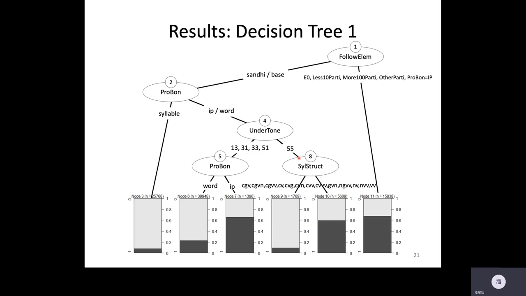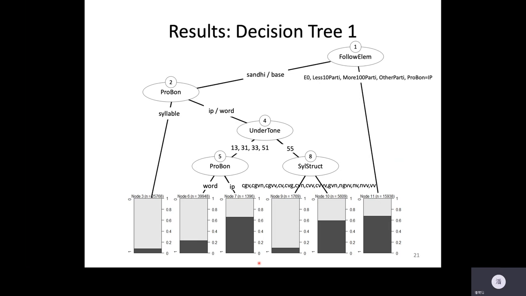And for this branch for tone 5/5 with vowel-only structure, there's a high percentage of Sandhi tones, predominantly the pronoun for he and she, in IP, intermediate phrase final and word final positions.